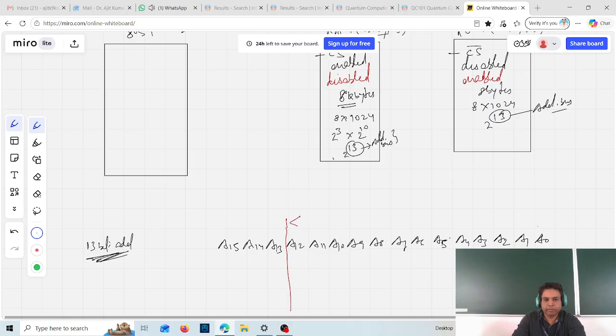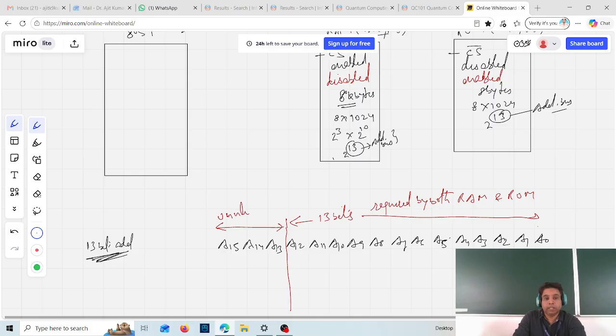So these 13 bits are actually required by both RAM and ROM. Then what about the rest? These are unutilized. This unutilized part will be used for the address decoder.